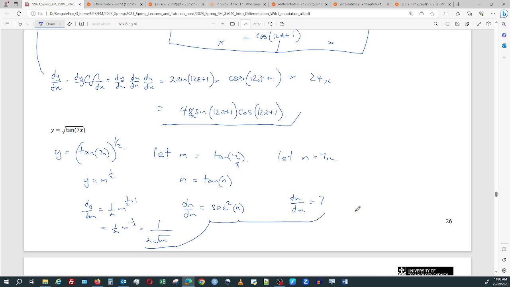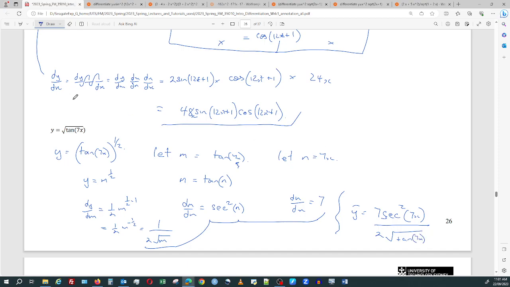So the 7 will go on the top. So dy/dx will be equal to 7 sec squared n, where n was 7x, divided by 2 the square root of m, which itself was tan 7x.